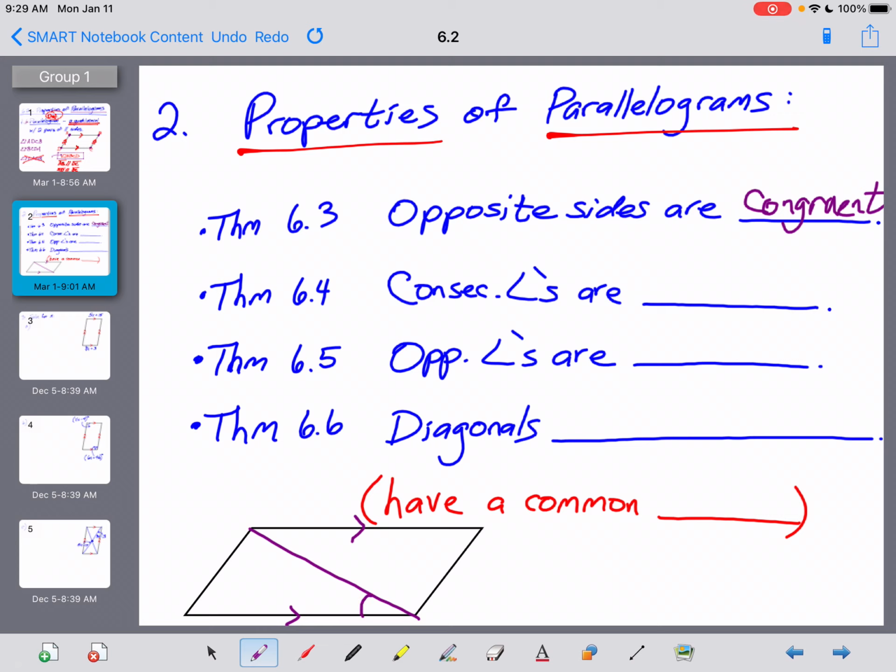That means that this angle is congruent to this angle because those are alternate interior angles between parallel lines. Likewise, the left side is parallel to the right side. That means, everybody, that this angle here is congruent to this angle. Once again, because we have parallel lines cut by a transversal, so their alternate interior angles are congruent.